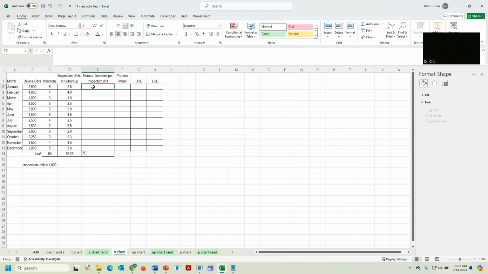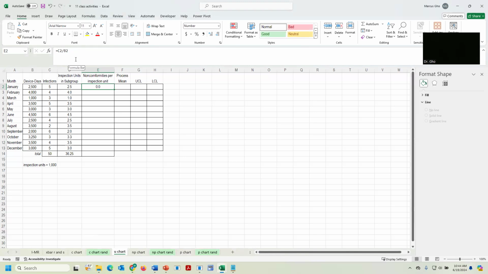Nonconformities, that's going to be the number of infections divided by the subgroup. And because we made it per 1,000, we're looking at a value of 2. If instead of that we did number, for everything, we're looking at some really, really small number, which makes it harder to have that number. It's not quite as clear, which is why we did that per 1,000.